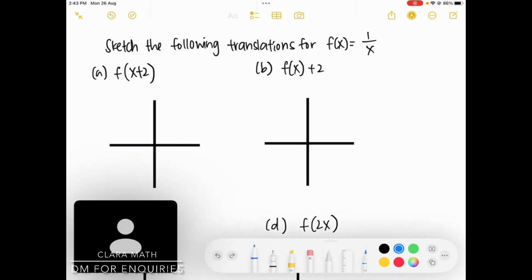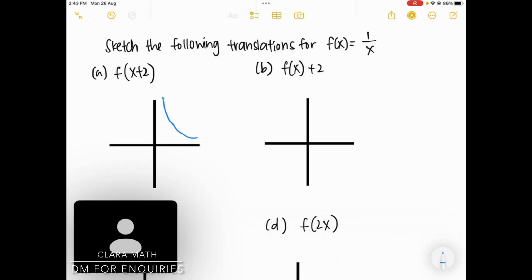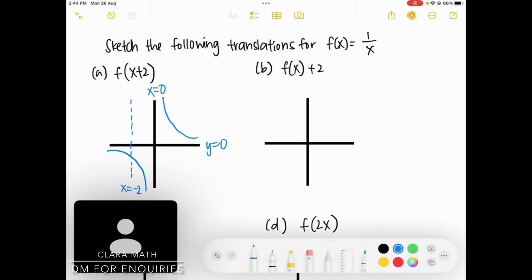That means it will shift. So if you notice, this is 1 over x. There is an asymptote. That means it cannot touch x equals 0 and y equals 0. These are the axes. So if you're moving to the left by 2, the asymptote follows along. That means now I cannot touch minus 2, but the y equals 0 stays.